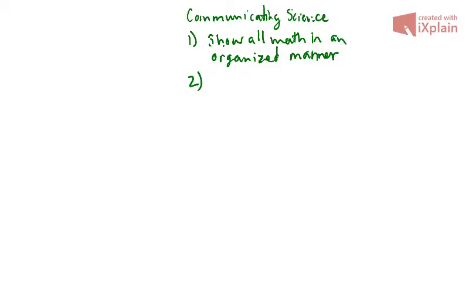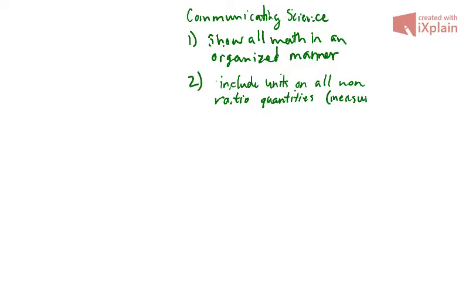The second one, include units on all non-ratio quantities. And non-ratio quantities would be measured quantities. Quantities that can be physically measured with some kind of device that we can make. Okay.